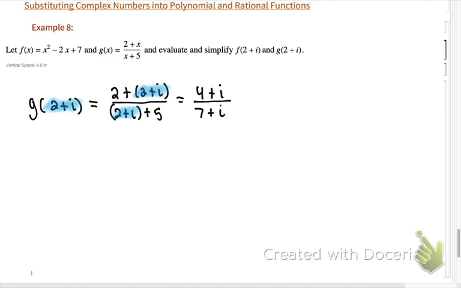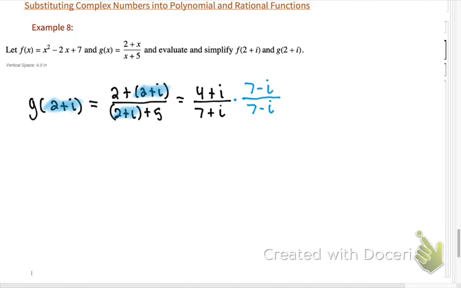Now, I said evaluate and simplify. So since we'd always like to write our complex number in the form a plus bi, remember, our strategy is to multiply by the conjugate of the denominator on top and bottom. So we're going to do 4 plus i times 7 minus i, and we're going to take 7 plus i times 7 minus i.